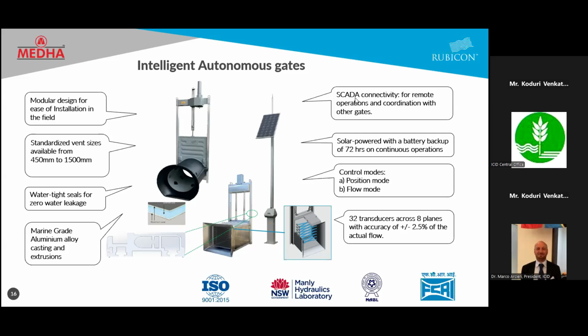Position mode and flow mode can be used for these, where the position mode will simply give you at what percentage of opening of the gate or the vent has been determined, and the flow mode will give you how much flow has to be passed through the vent which is available over there.